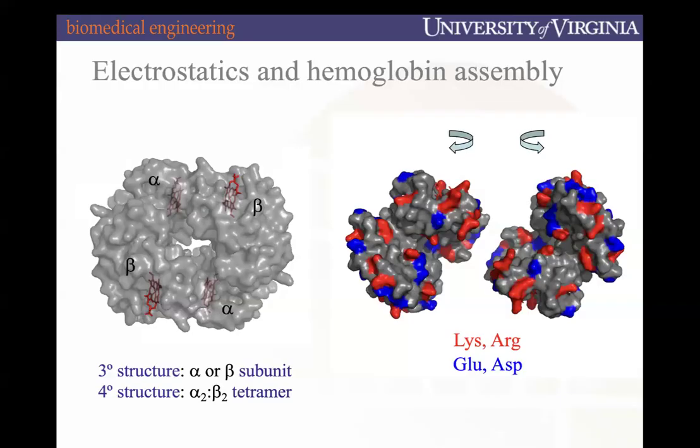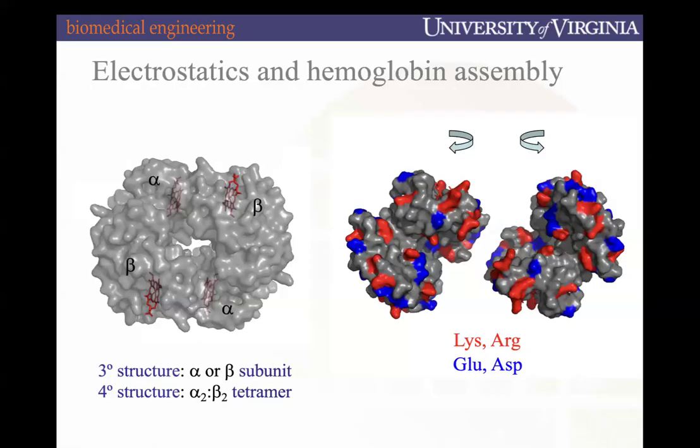But taking a step back to the ionic bond question earlier, if we mark the positively charged and negatively charged amino acids, lysine and arginine in red and glutamate and aspartate in blue, and take hemoglobin and break it in half, you can see that the negatively charged and positively charged amino acids correspond to each other when you pull them apart.